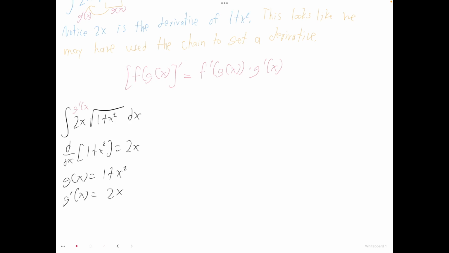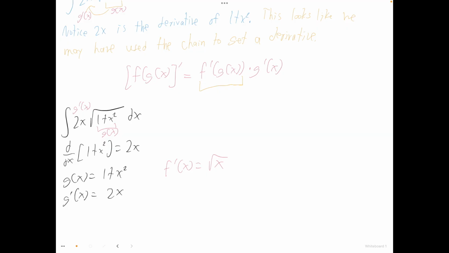Our g prime of x is sitting right here, and our g of x is sitting right here. With our pattern matching, f prime must be the square root of x, because that's what we've plugged g of x into in this piece of the formula, f prime of g of x.